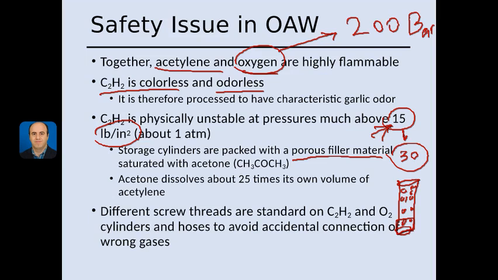When you add acetone, it can absorb some of the acetylene. It makes the cylinder stable. So acetone can dissolve 20 times its own volume of acetylene. And the screw threads on the valves for the oxygen and acetylene cylinders are designed differently, so we can avoid accidental connection.